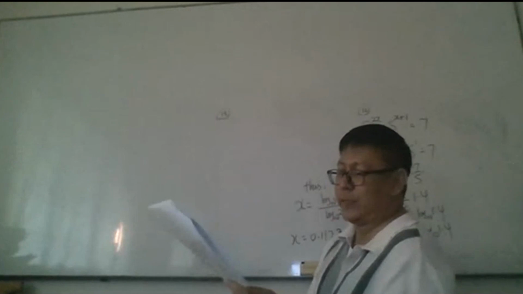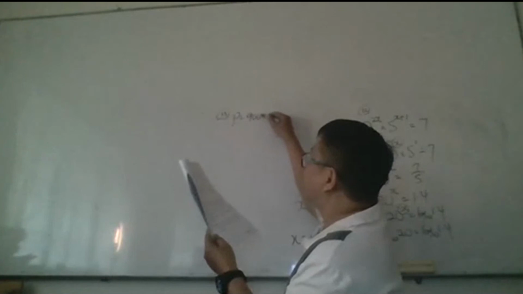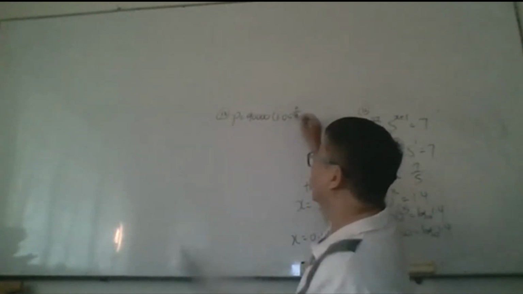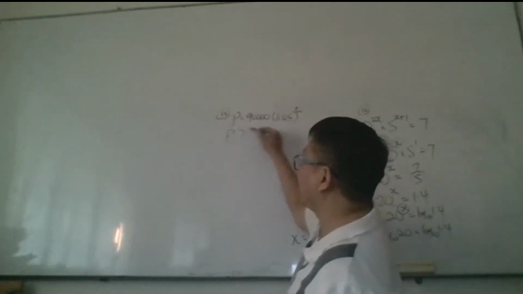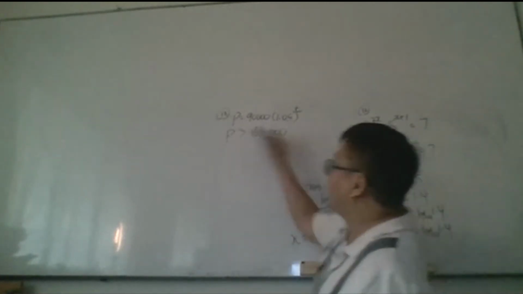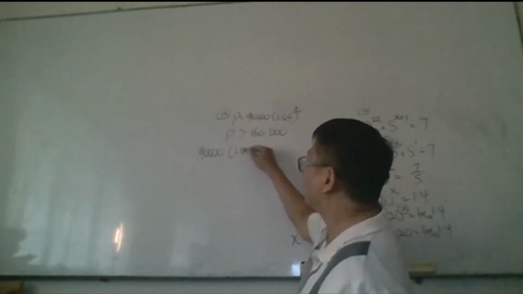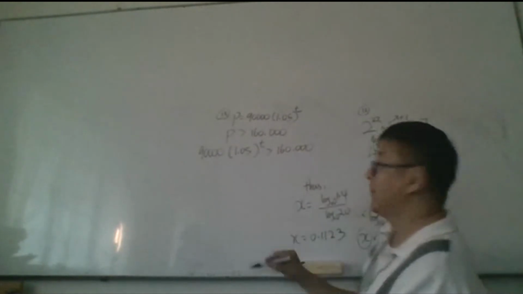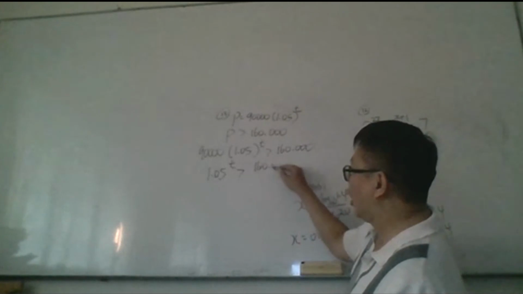The price for the house will be 90,000 times 1.05 to the power of T. The question is when this price is greater than 160,000, so 90,000 times 1.05 to the power of T is more than 160,000.